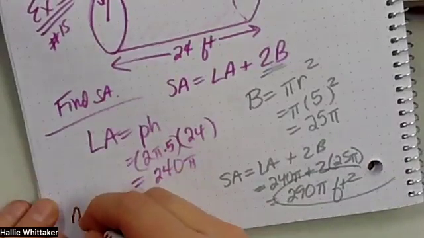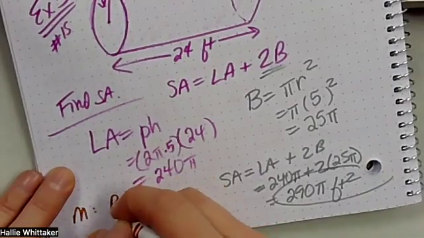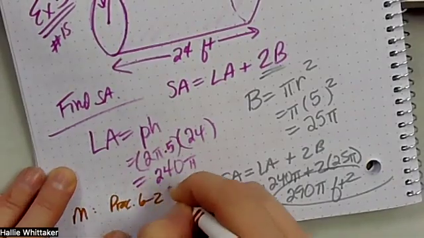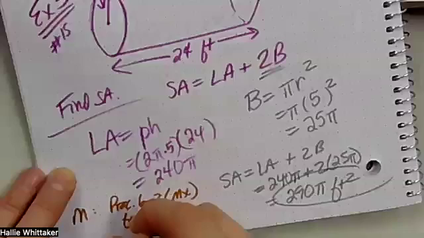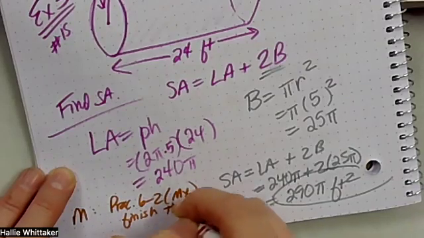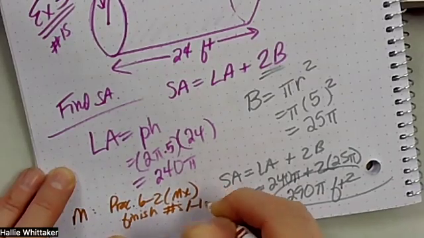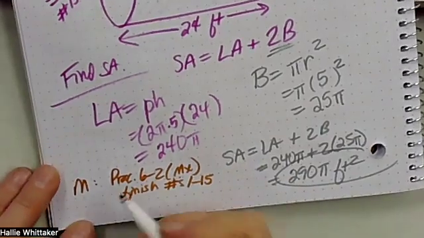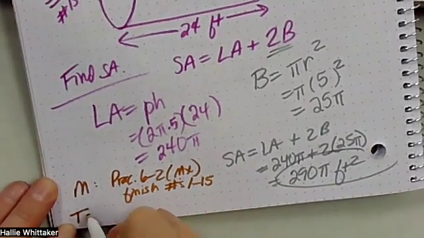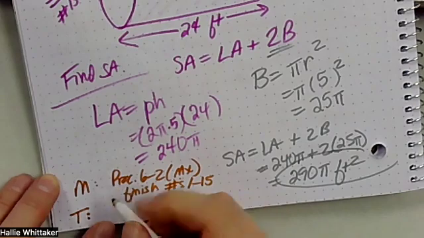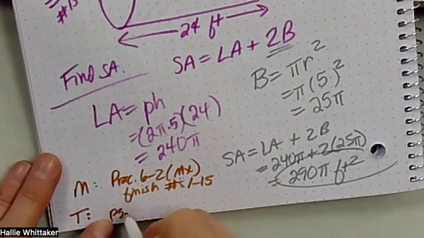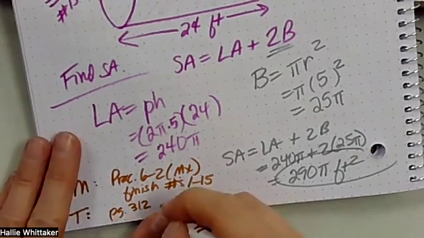Okay, for today, finish that worksheet. Practice 6-2 mixed, finish. So essentially that's going to be all of them, 1 through 15. For Tuesday, again, I'm going to push you a little, but I think you can handle it.